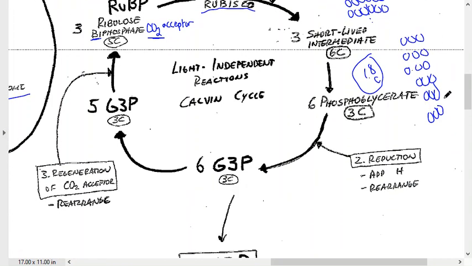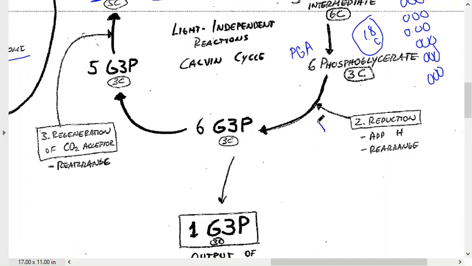At this point, these 3-carbon molecules are called PGA. That's kind of like an extra little tidbit. You're never really going to have to use it, but if you ever see it in your textbook, that's what these molecules are.